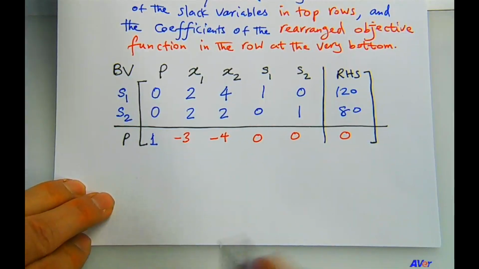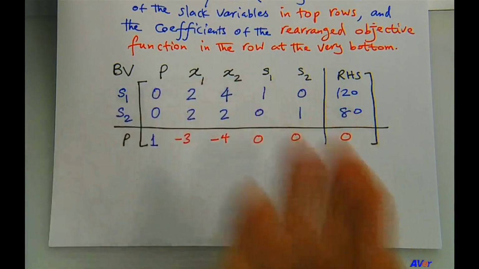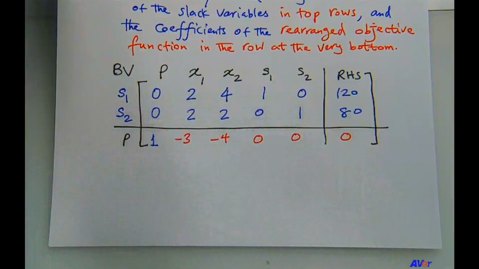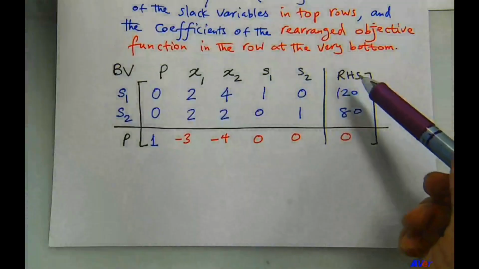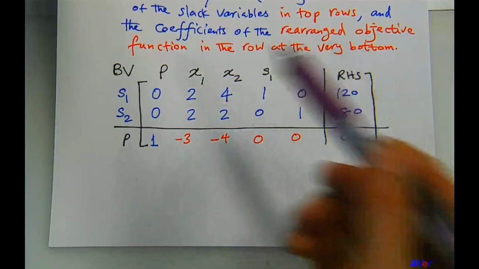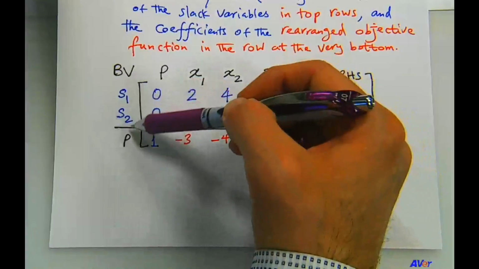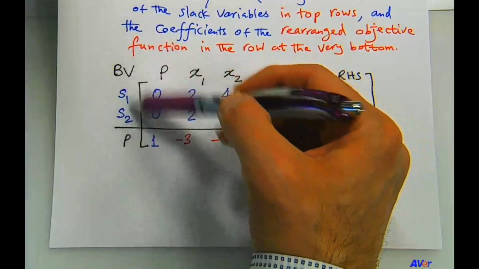Never mind if you're wondering where these numbers are coming from, we'll get to all of that. But at this point, all I want you to become familiar with is visually seeing how this looks. You have the right-hand side in the far right column. This I'm showing just as one example, but pretty soon we're not going to write that down.